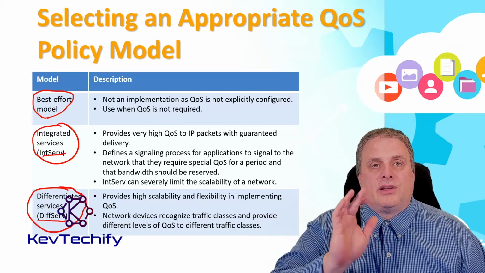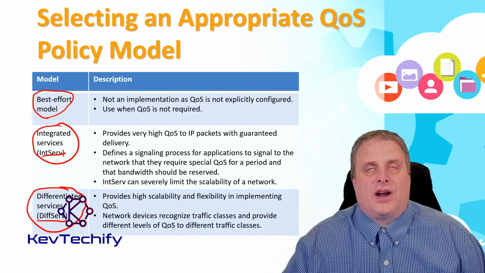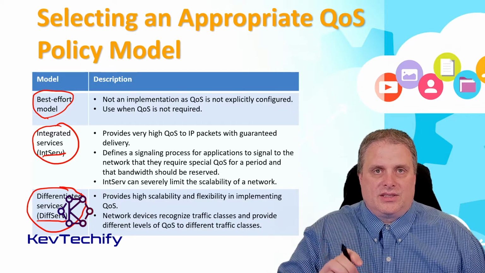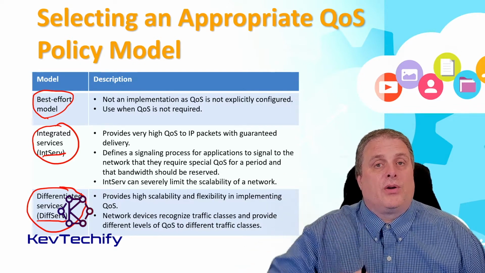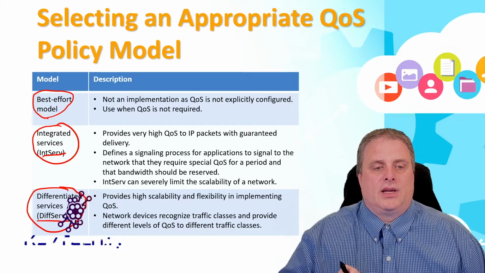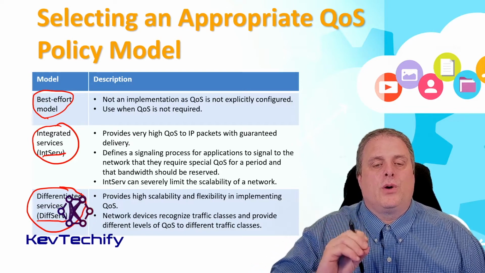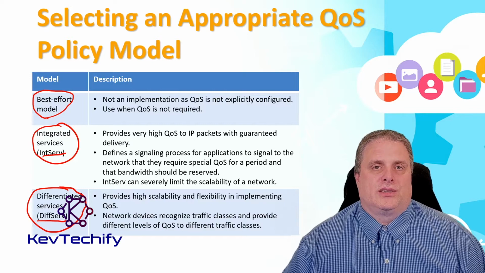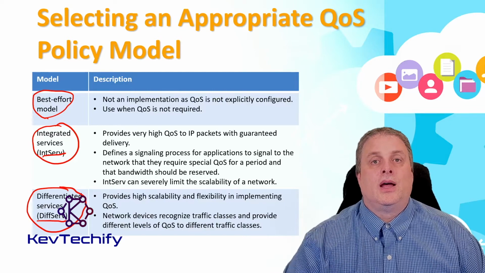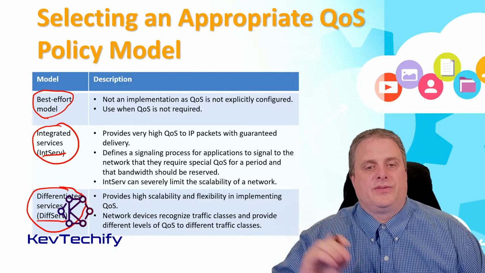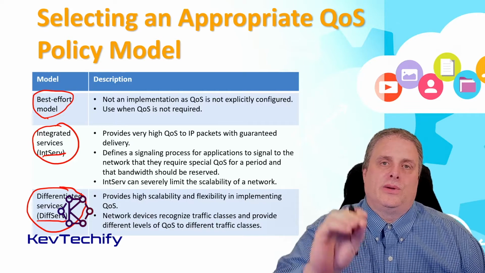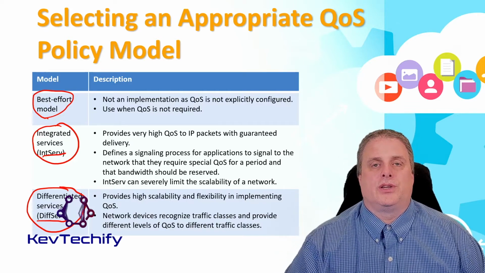The network devices then recognize traffic classes. So they look at these classes and say, okay, this is a high priority class, this is a low priority class, and then provide different levels of QoS to those different classes. So it's a manual process. Because of that, it scales very, very well in flexibility, but you as the administrator have to go in and set it up initially.